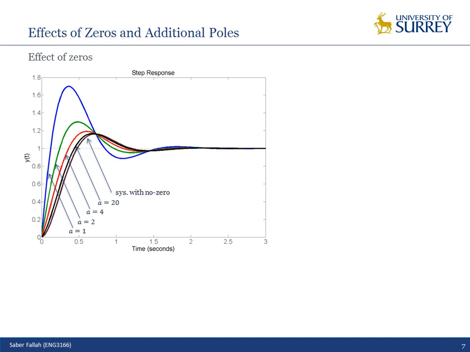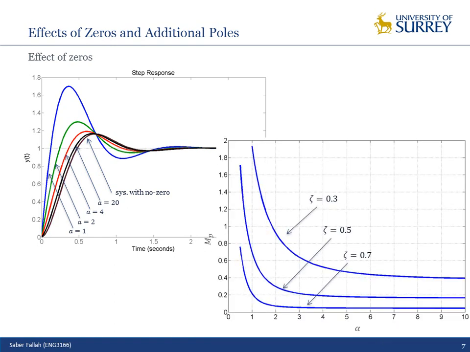So let's see how adding an additional zero will affect the maximum overshoot. If I plot the response of the system or maximum overshoot based on the different values of alpha, as you see, if I have a high damping ratio, the effect of the zero will diminish.